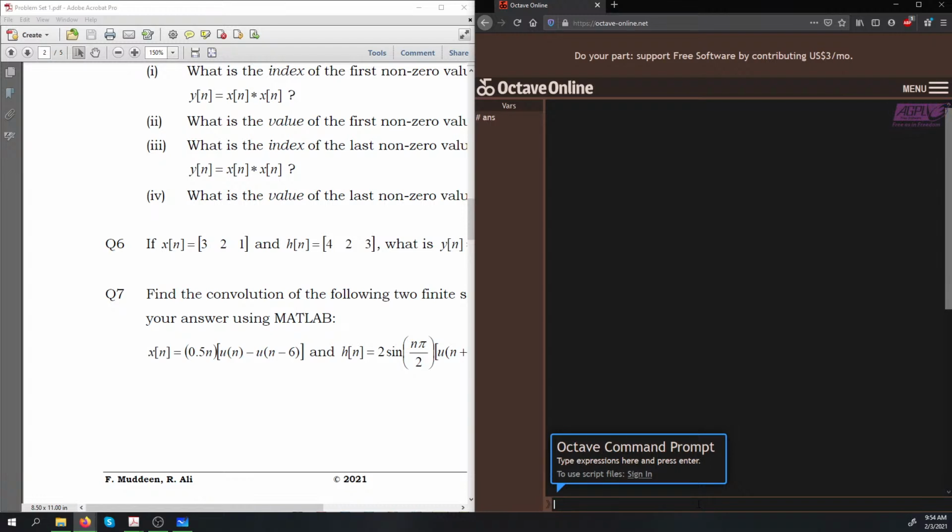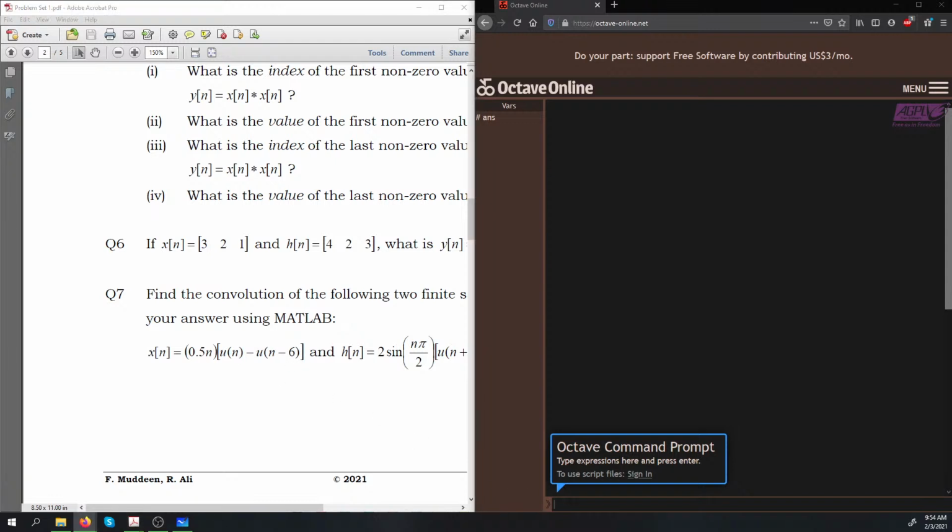So for our first signal here, which is x of n, this is 0.5 to the power n, going from u of n to u of n minus 6. And that means n here will be going from 0 to 6.